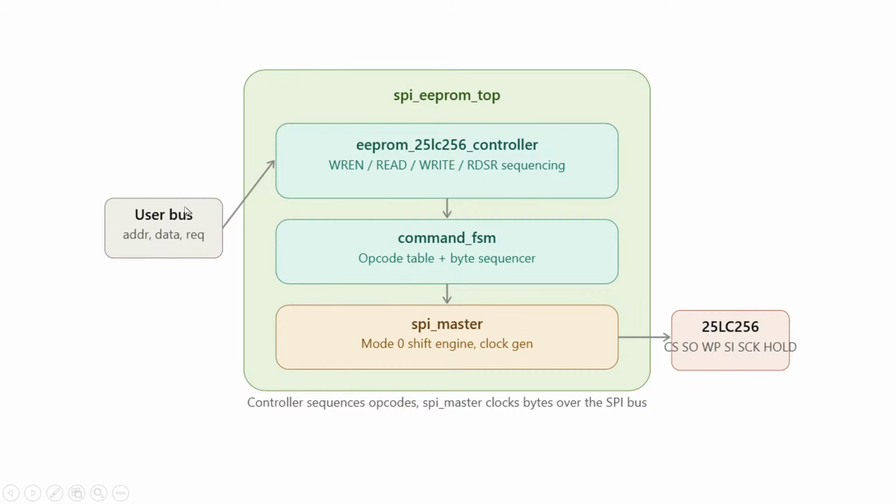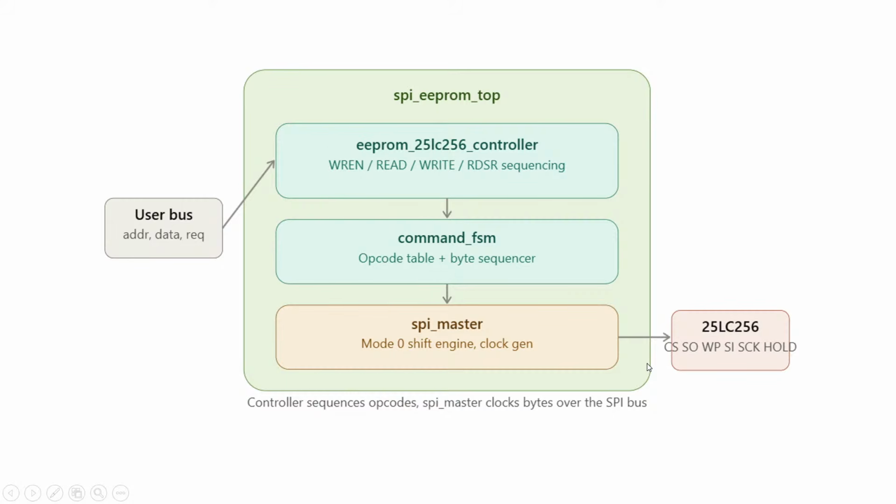Now, we can have any user bus, for example an AXI user bus. Suppose you are working with an FPGA and you want to communicate with this particular memory, but this memory has an SPI interface. So you can build this and wrap the SPI interface inside an AXI interface, and you can communicate this particular block with your processor so that you can establish the communication.